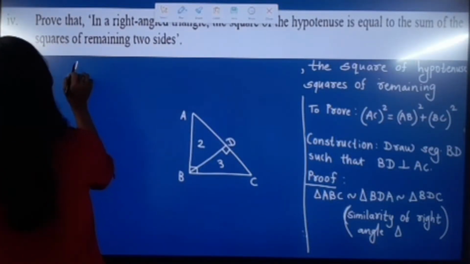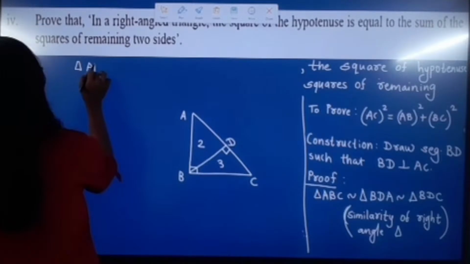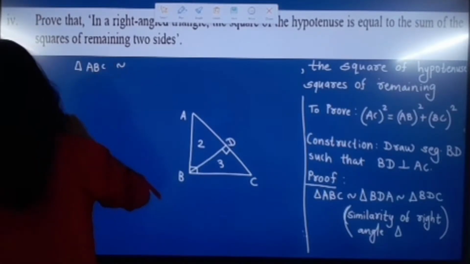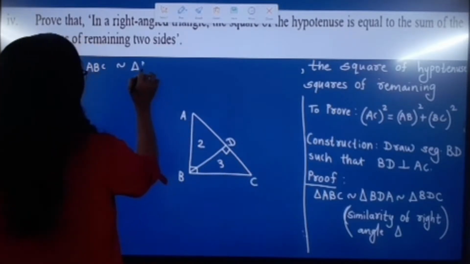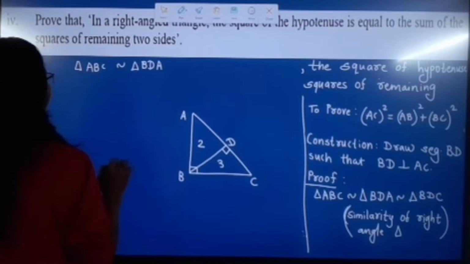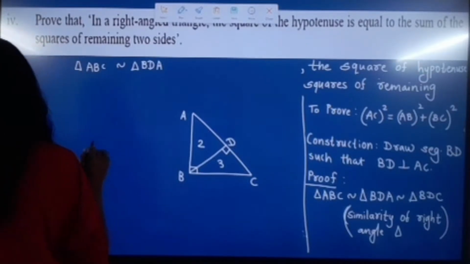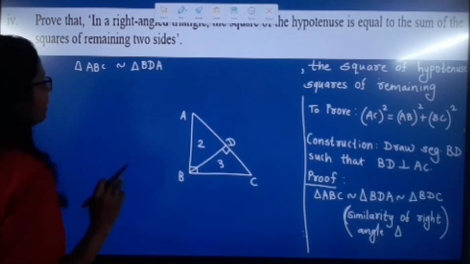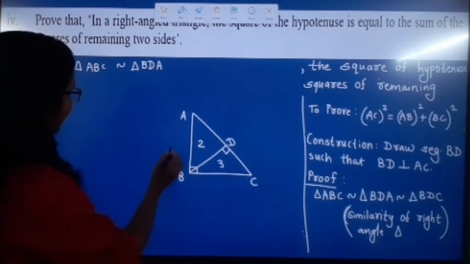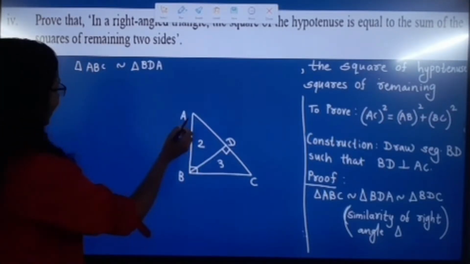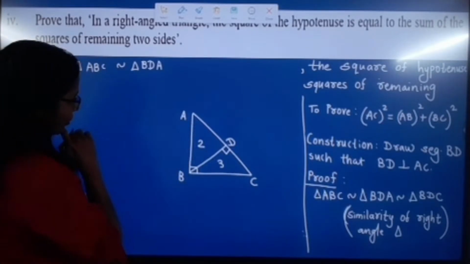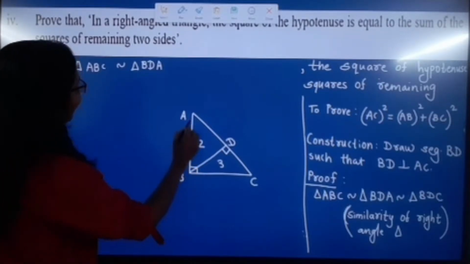First I write down triangle ABC is similar to triangle ADB, or say BDA. Okay, these are the similar triangles. In triangle ABC and triangle BDA, A is common.